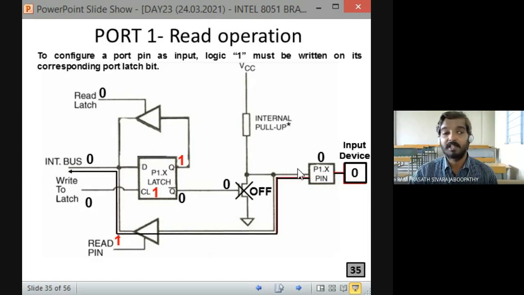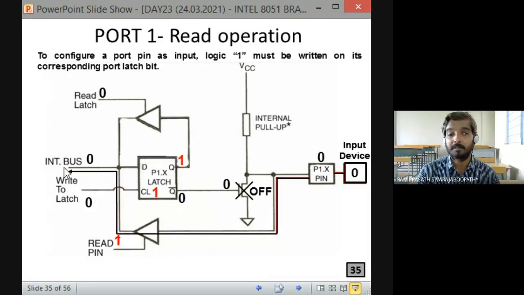Even though we have a pull-up circuit, it can be pulled low by the input device. Who is dominating now? The input device. So it is deciding which logic has to be given at the pin. Fine. So what about the content getting inside now? 0. So did you understand the difference? If the device gives logic 1, 1 goes inside, and if it gives logic 0, then 0.